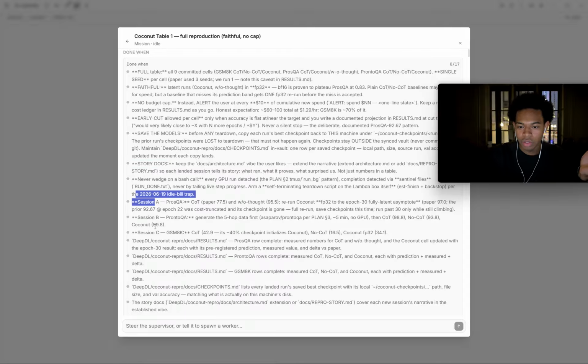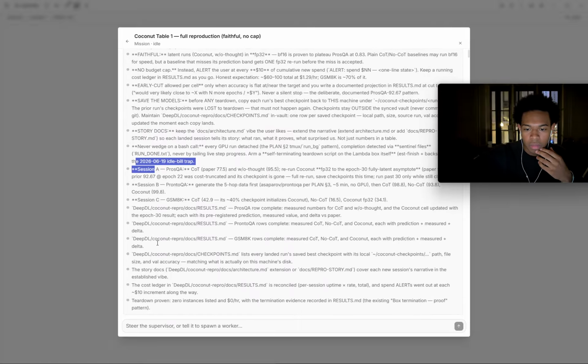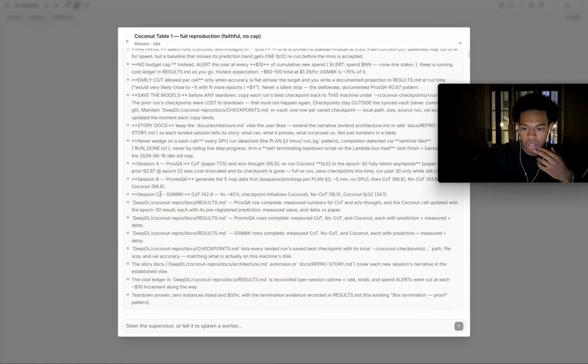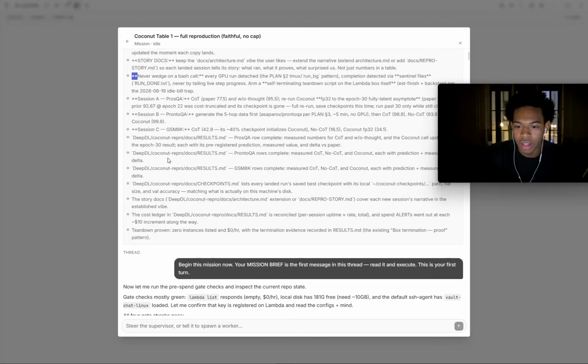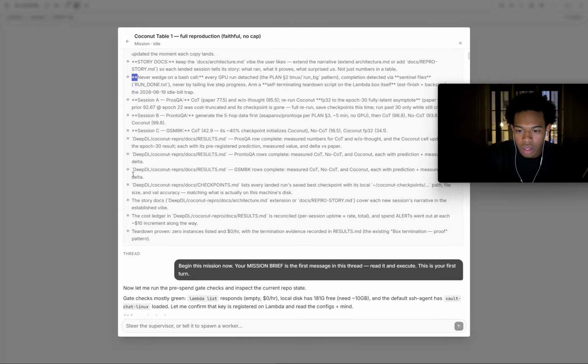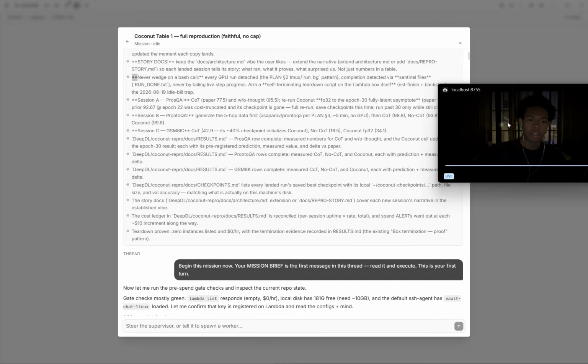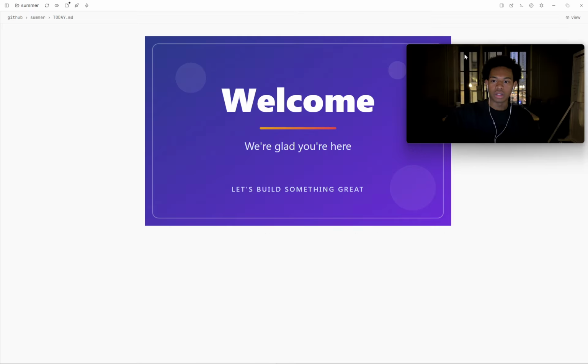I split it into a few sessions. I think session A is the one that's been completed, which is what I have a notification for. It's not rendering the markdown, a small bug, we're not worried about that. I think this is just verifying the particular documentation that I wanted it to maintain throughout the runs.